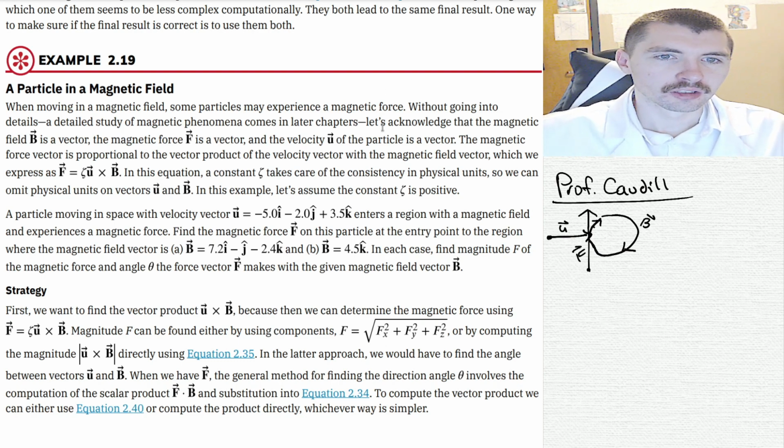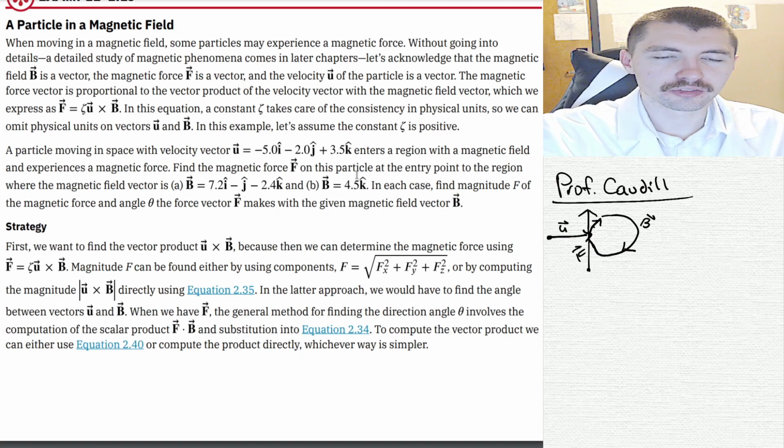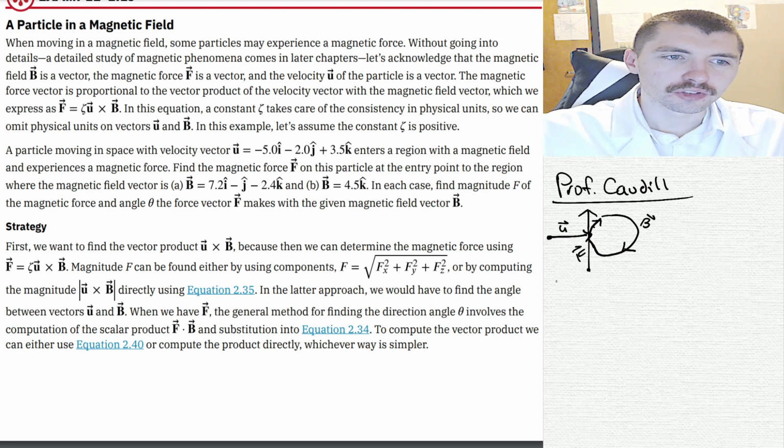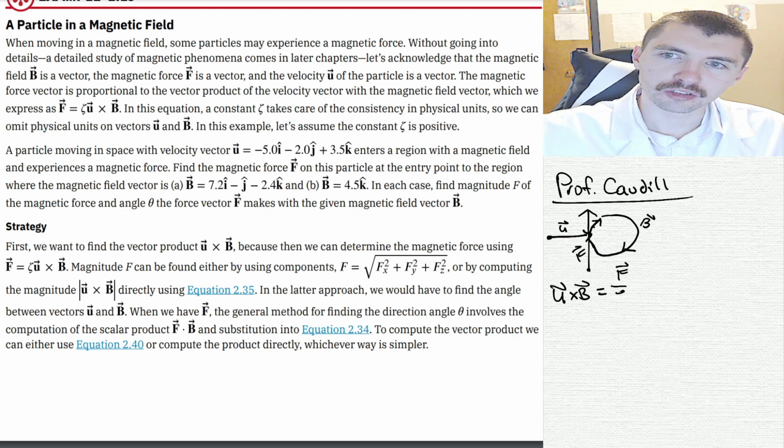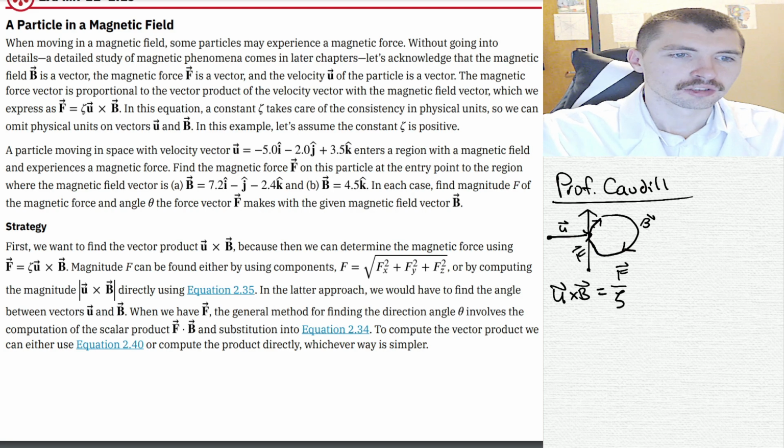So we're given the components of U and the components of B. Okay, so first we find U cross B equals F over zeta. Okay, magnitude F can be found with the components.